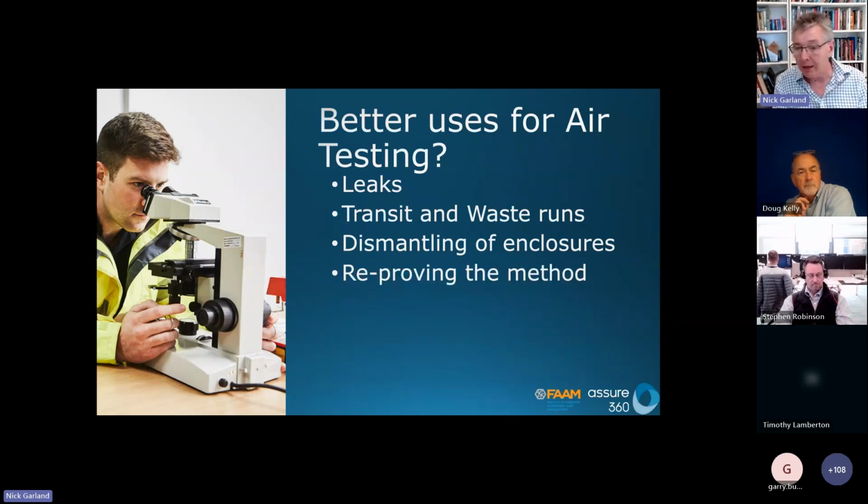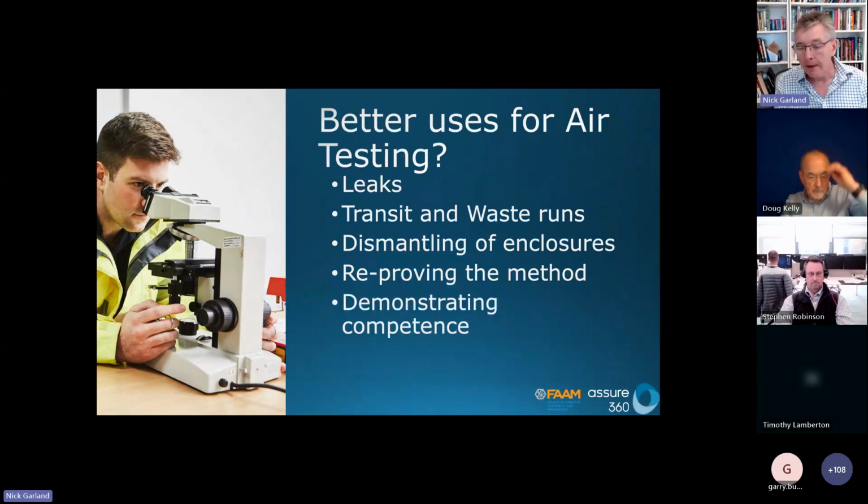Reproving the method itself, so testing occasionally that the method being used on site is still achievable in getting those low results. And then demonstrating competence. It becomes part of training to actually test the operative, doing the exercise carefully and as per the procedure whilst we're watching them, and do they achieve the low results that we expect?